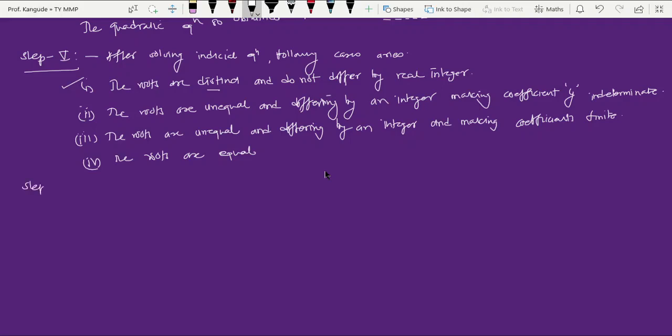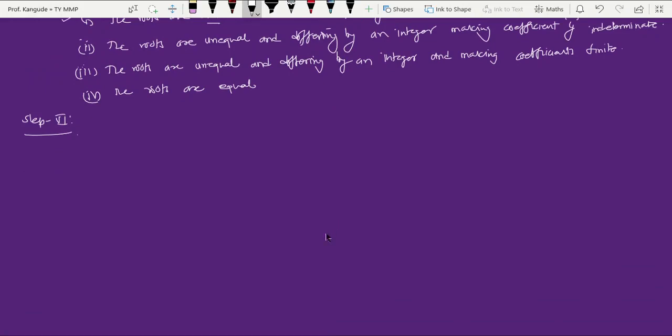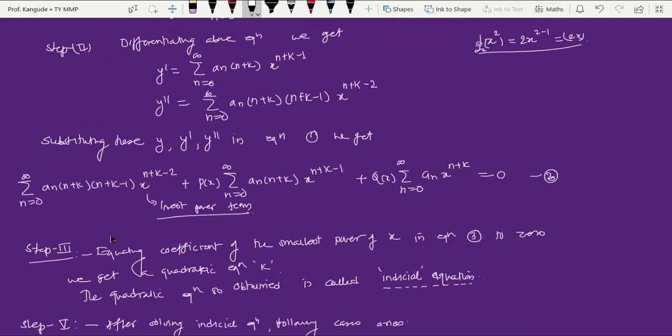Now step 6. After step 5, step 6. Now the remaining part. Out of this equation number 3, we have taken care of the first term, an times n plus k into n plus k minus 1, which is equated to 0. We got the coefficient of the lowest power of x, and that is called the indicial equation.